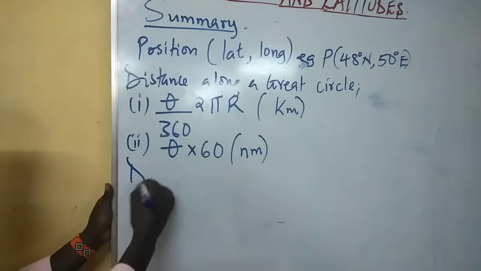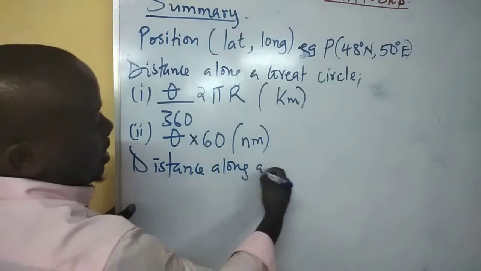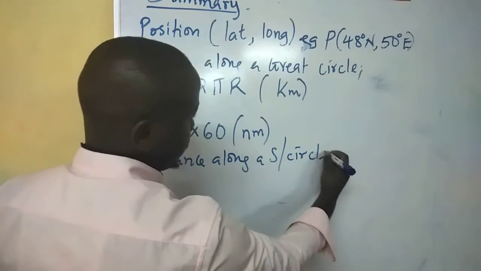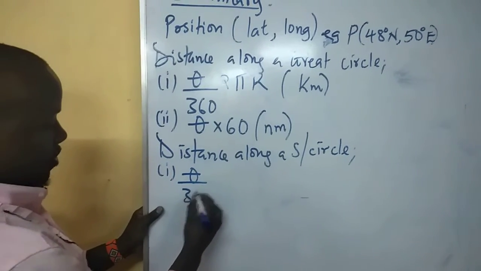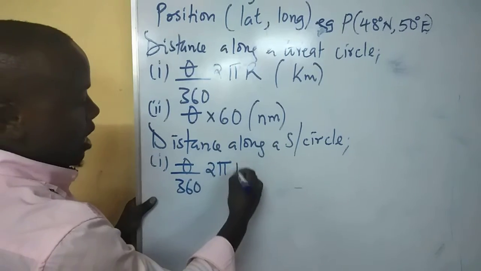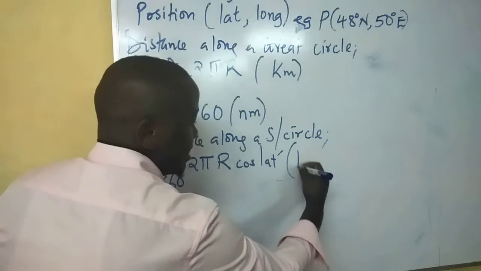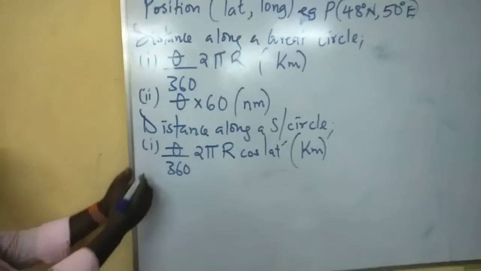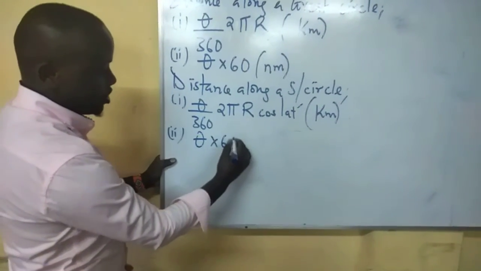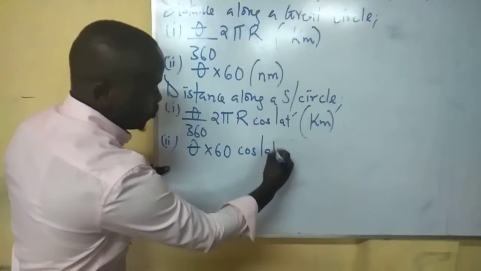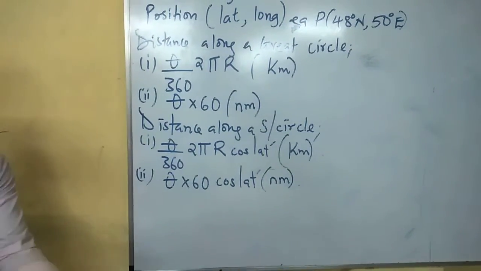Again, distance along a small circle. Similarly, we can have theta over 360 times 2 pi r cosine of the latitude where the two places are. This is in kilometers. And we can have distance expressed as theta times 60 cosine of the latitude where the two places are. This is in nautical miles.